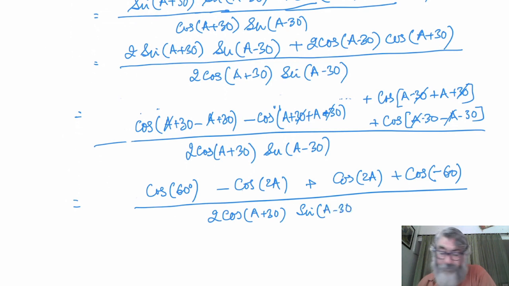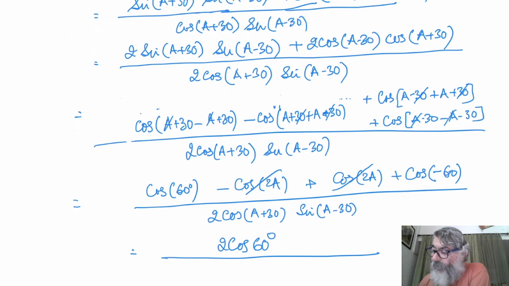This will cancel. What will I get? I'll get 2 cos 60. And here I will apply 2 cos a sin b, which is sin (a plus b) minus sin (a minus b).